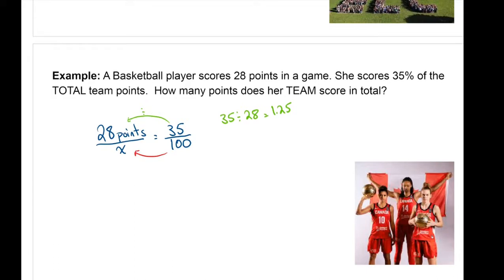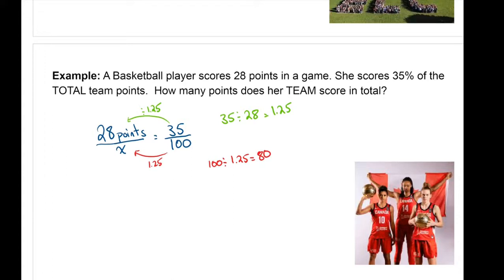Because it's an equivalent ratio, I have to do the same thing with 100. I have to divide 100 by 1.25, and that will tell me what my unknown value is. In this case, it's 80.